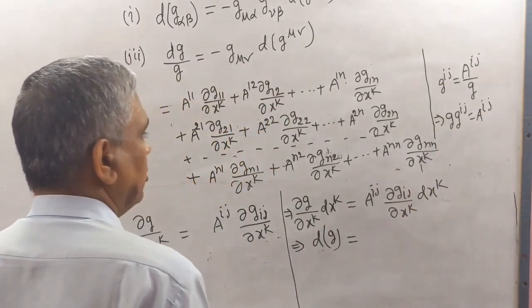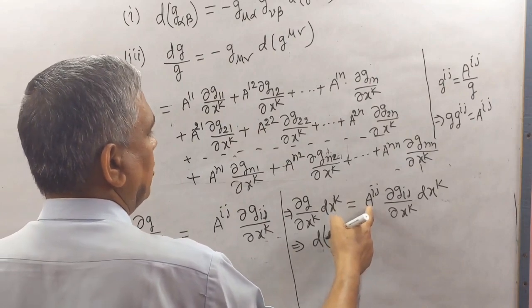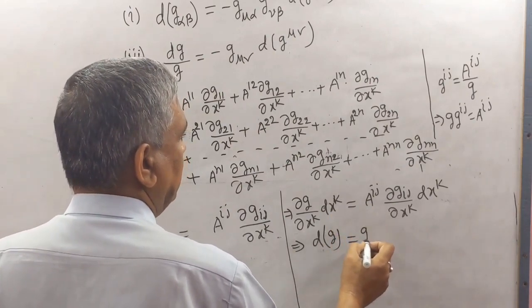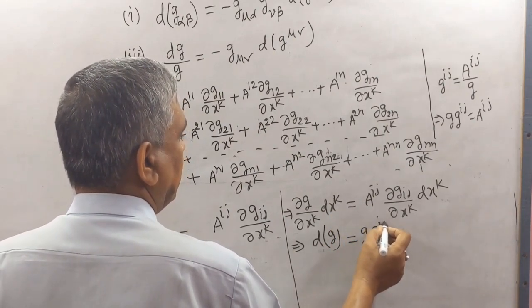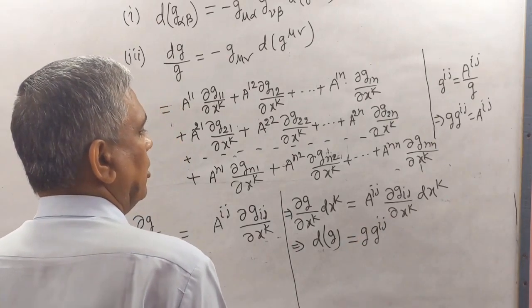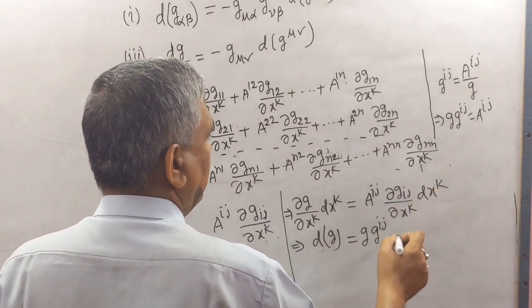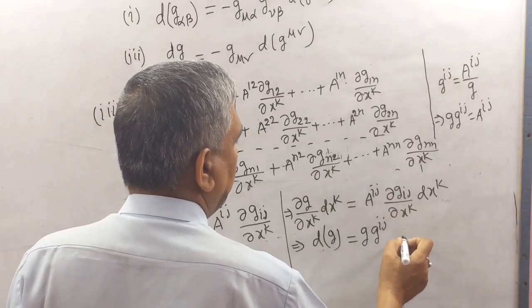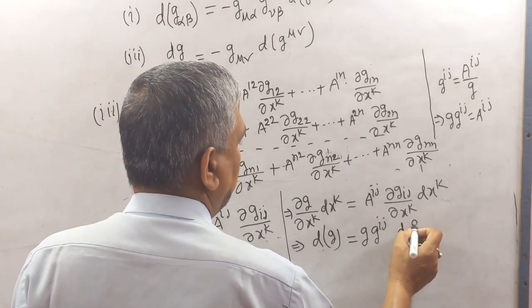Putting this value here, we get Gij, and this will be dgij.